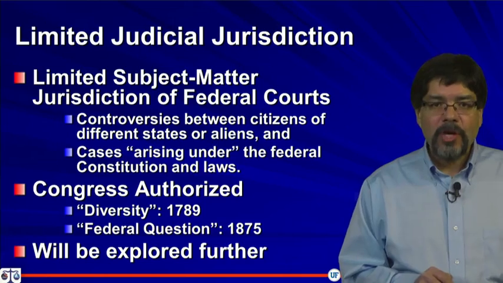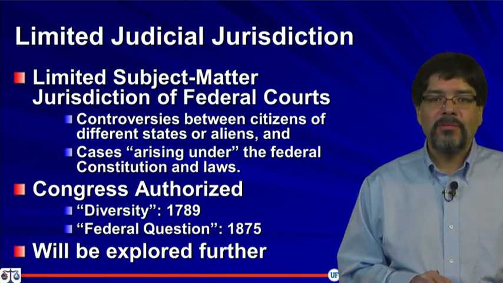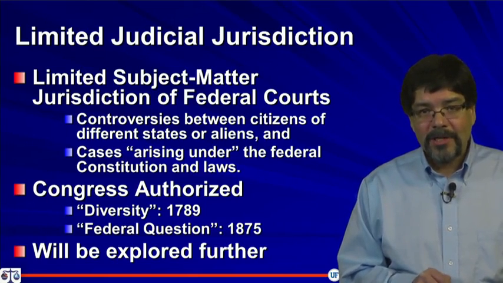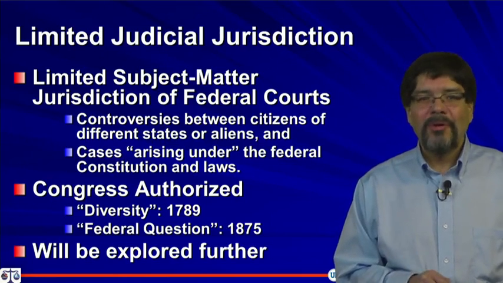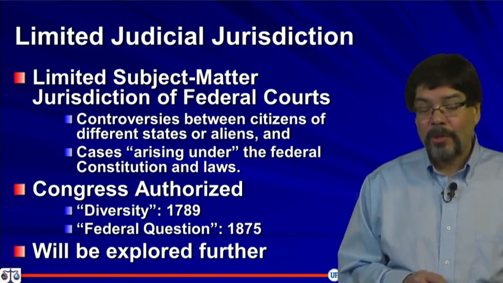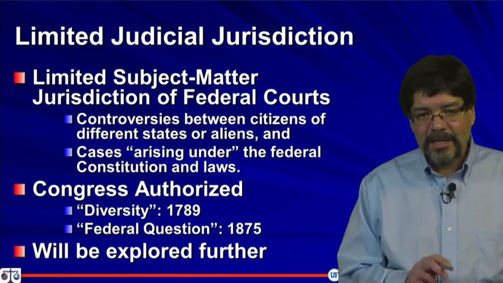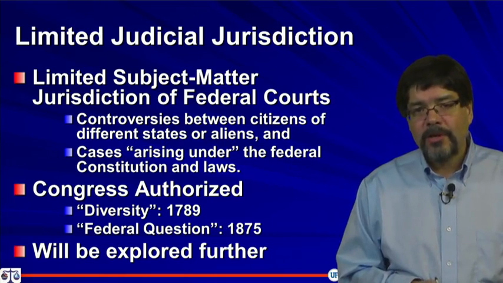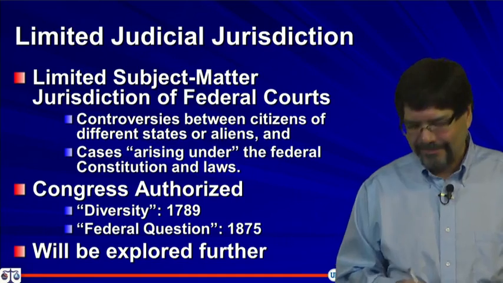It's interesting to note that diversity jurisdiction was enabled by the Congress in 1789, very early in the history of the Republic, but federal question jurisdiction was not given to the lower federal courts until 1875 in the post-Civil War period. And I will explore this in another part of the course in a series on the judiciary and the judicial structure of the United States.